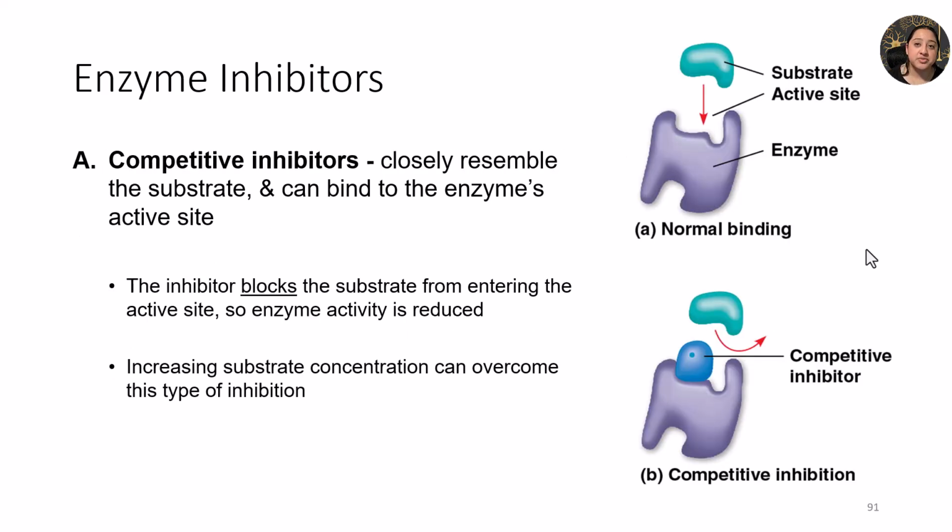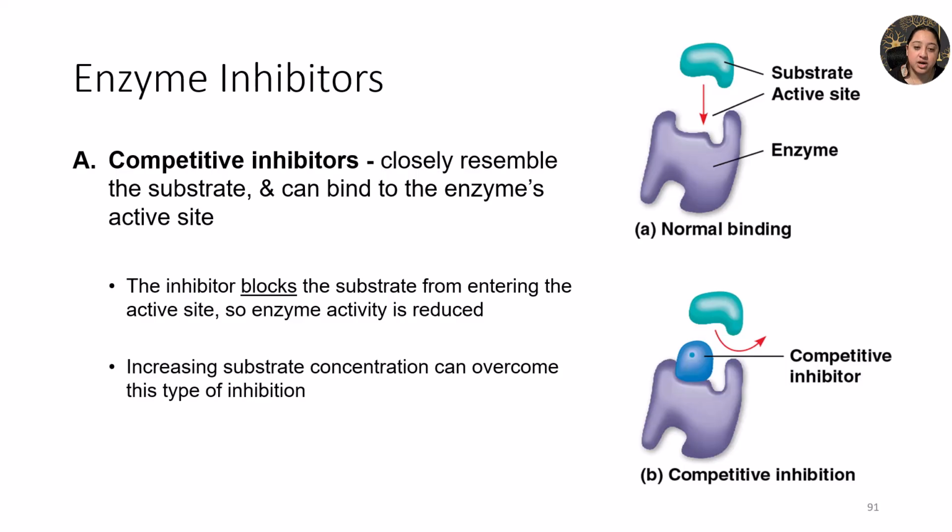So there are different ways that something inhibits an enzyme. Competitive inhibitors, this is just a term for something that inhibits something, but it might have an actual name. Here's just a generic enzyme and its substrate normally on the top in panel A. In panel B, there might be some kind of other molecule that serves as an inhibitor.